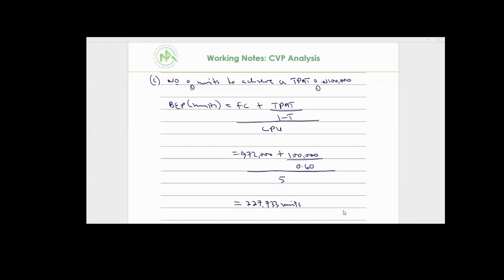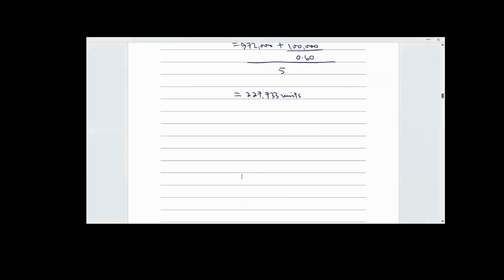Number D: the number of units required to break even if variable costs increase by 5% and fixed costs increase by 2.5%. So if variable costs increase, then our contribution margin or contribution per unit will also change, so we need to make adjustments.